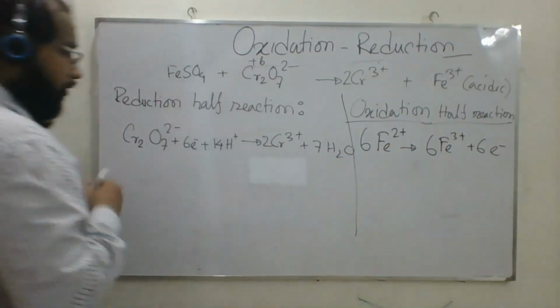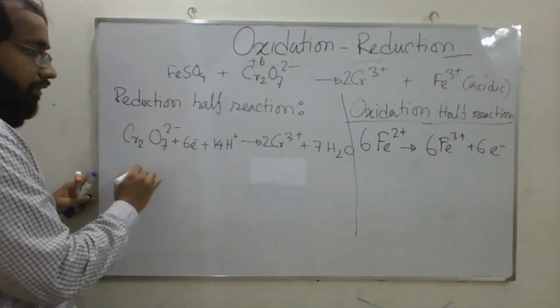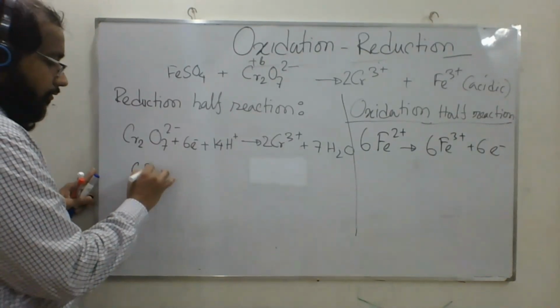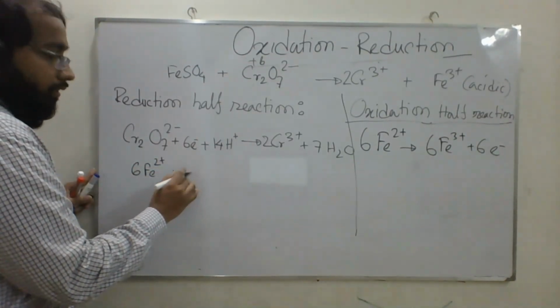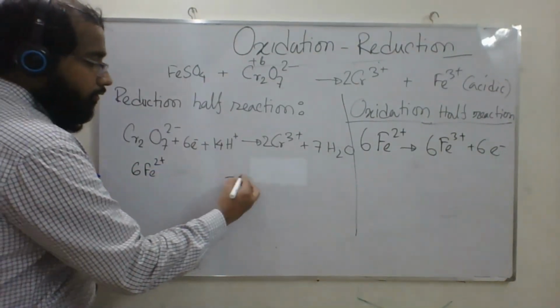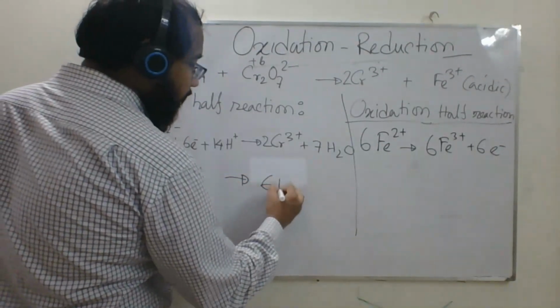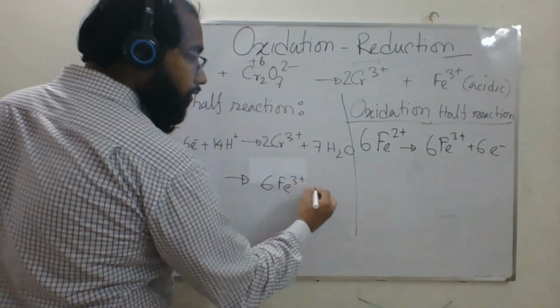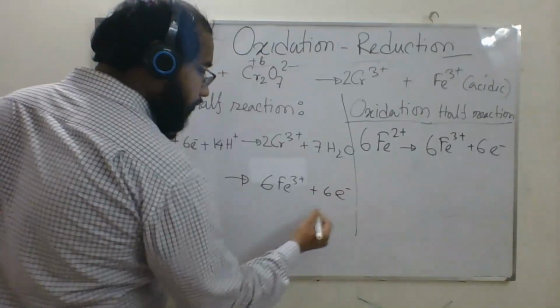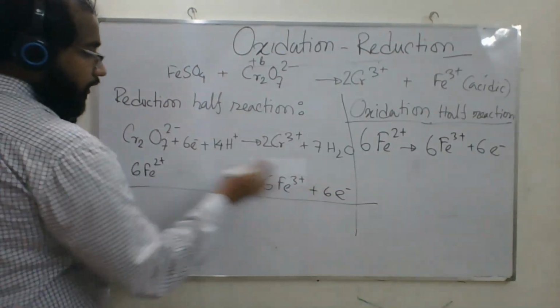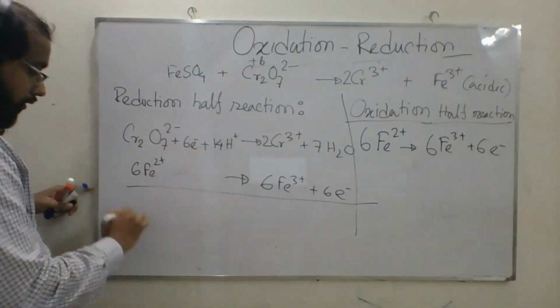There will be 6 Fe2 plus, and here will be 6 Fe3 plus and 6 electrons. Now this 6 electrons and 6 electrons are equal.